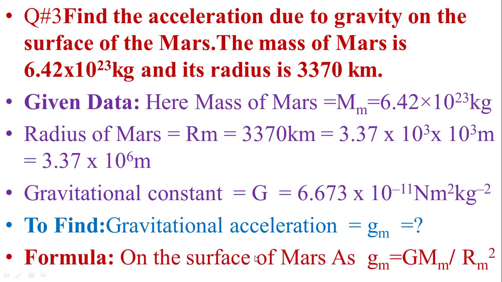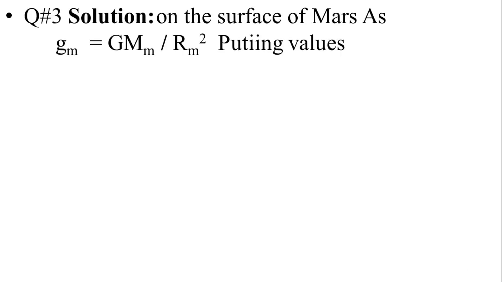Now write the formula on the surface of Mars. The value of gm is equal to capital G, the gravitational constant, times the mass of Mars divided by radius square. Now putting the values, gm is equal to G Mm upon Rm square.